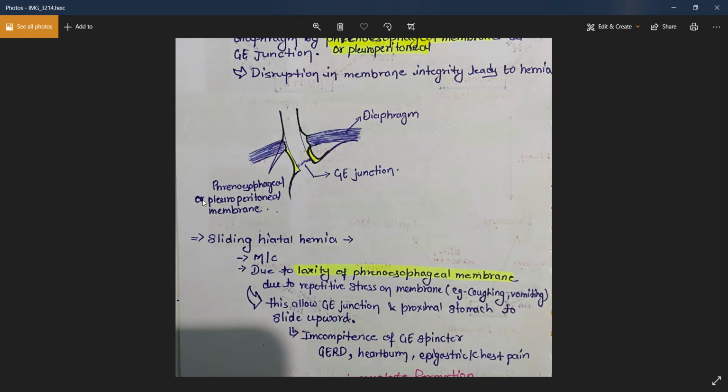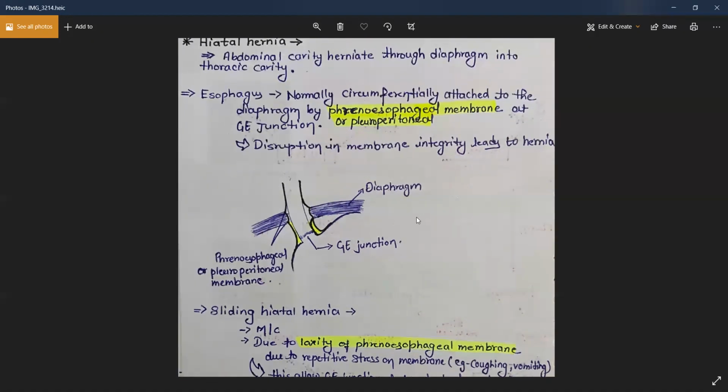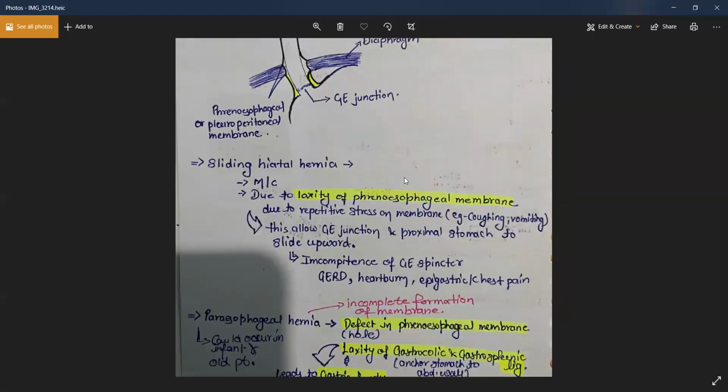It generally happens because of regular coughing, regular vomiting. So it could be a case of alcoholics, bulimics, or a chronic coughing patient.